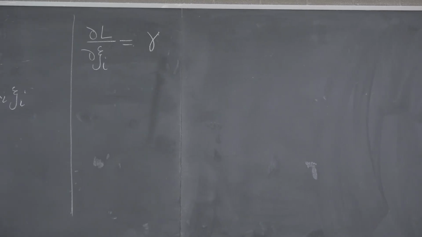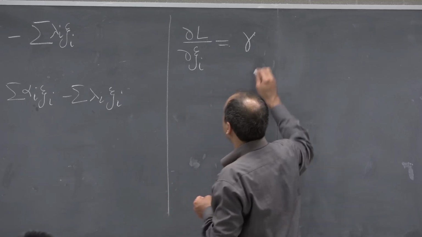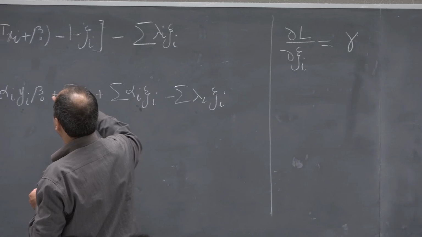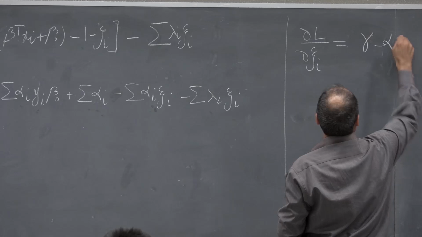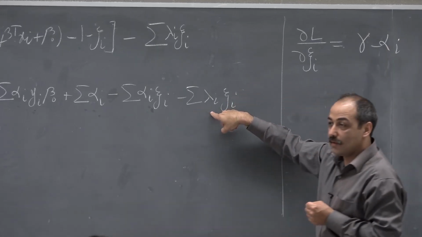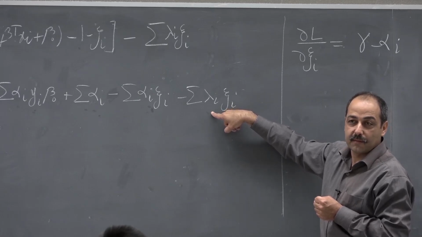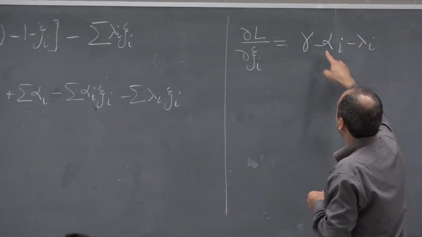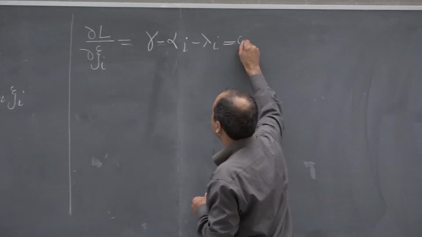This is gamma. This is 0. This is 0. This is 0. This one is alpha i. It should be negative, because in the first equation we were negative. Thank you. So negative alpha i. What about this one? Minus lambda i. So gamma minus alpha i minus lambda i should be 0.